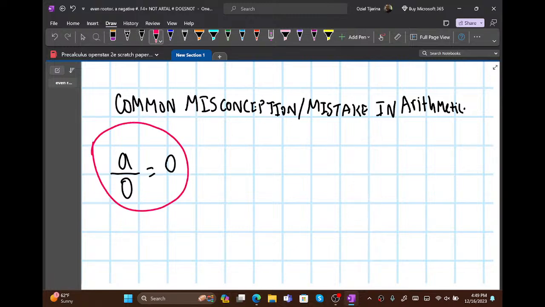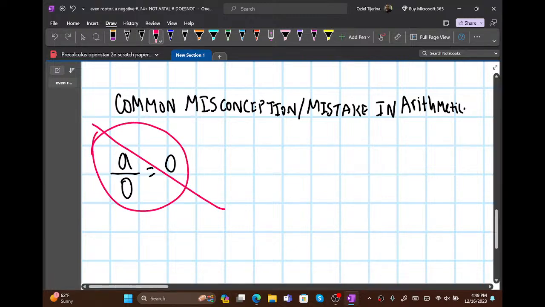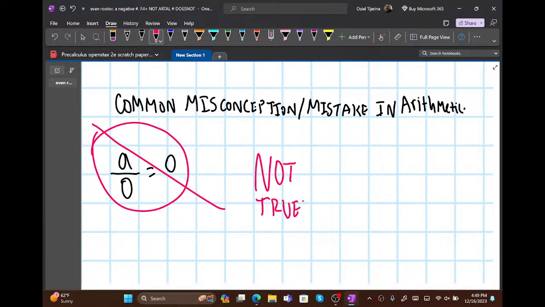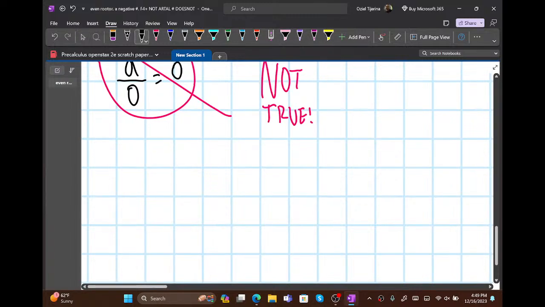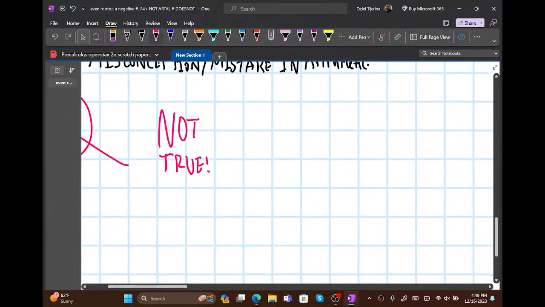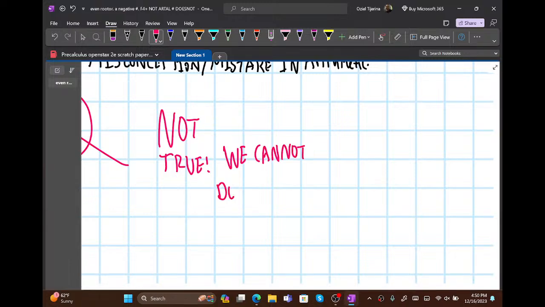This is absolutely not true. We cannot do division by 0.